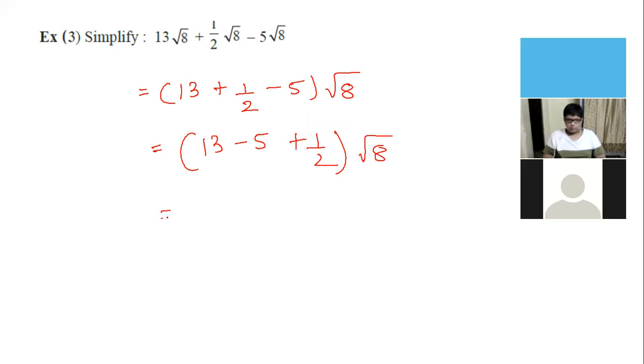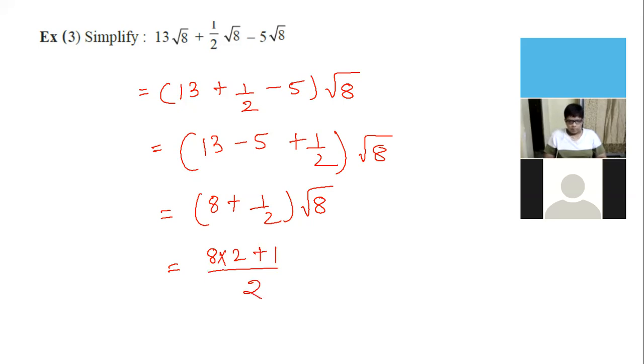Now how much is 13 minus 5? 8. And this plus half, and root 8 as it is. Will you be able to do this, 8 plus half? We'll do cross multiplication. So 8 into 2 plus 1, upon 2, root 8.